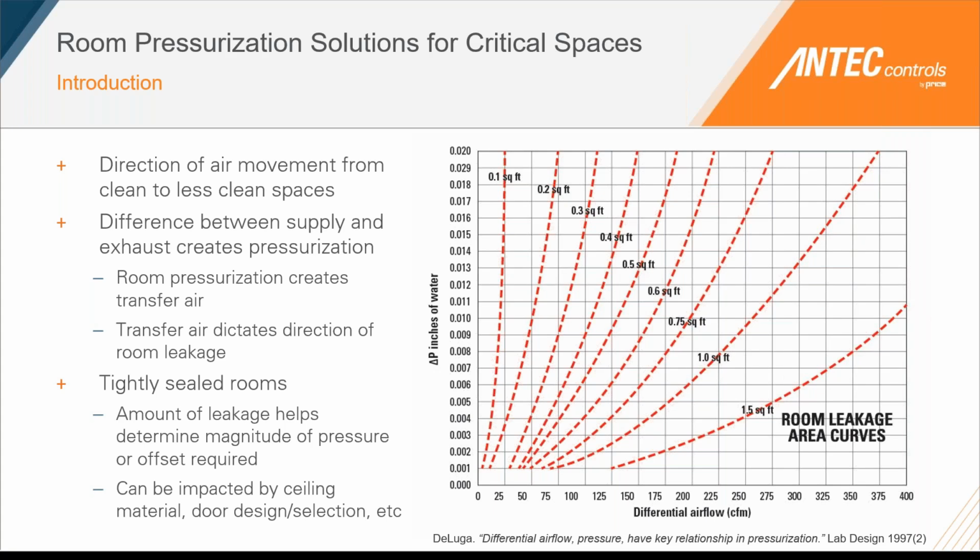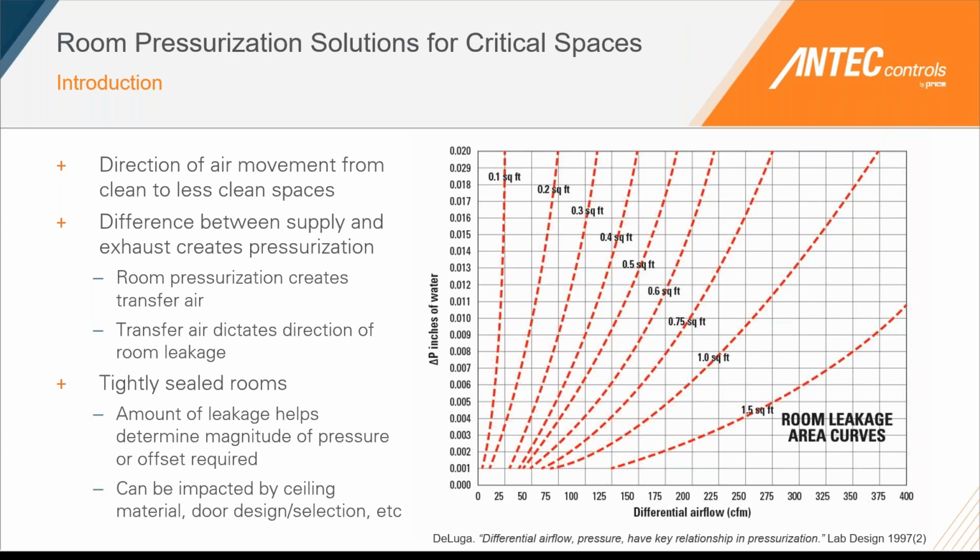On the opposite end, if you have a room that has very high leakage at around 1.5 square foot, it's going to take a high difference of airflow to build up that same amount of pressurization. What I'm trying to highlight here is that we typically want to avoid having a room that's very tightly sealed, because minimal differences in airflow can result in large changes in room pressurization.